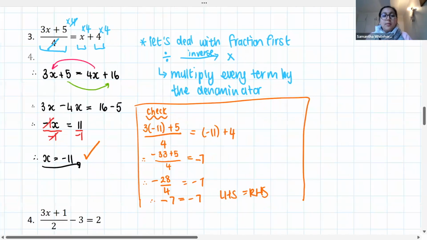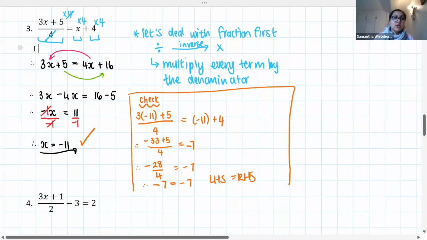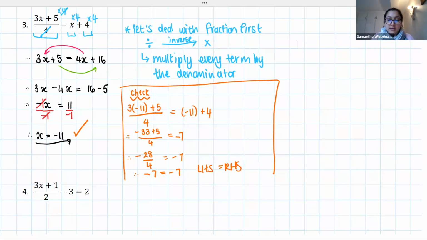Alrighty, so based on what we've just spoken about here, I want you guys to try question 4 at the bottom of the screen there. I'm going to leave question 3 up just so that you can see what we were doing. But let's try question 4. I want to see answers for x on the chat.